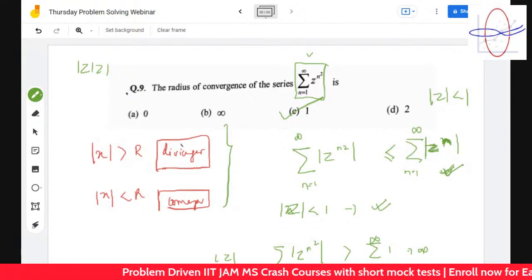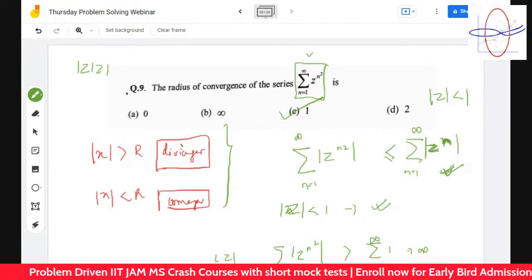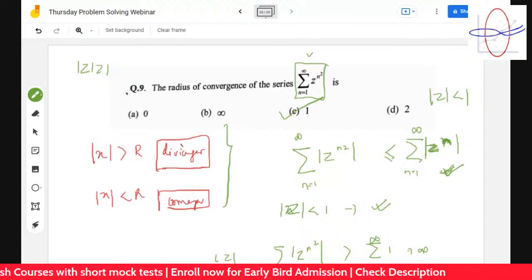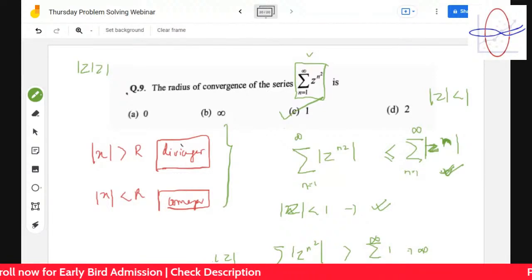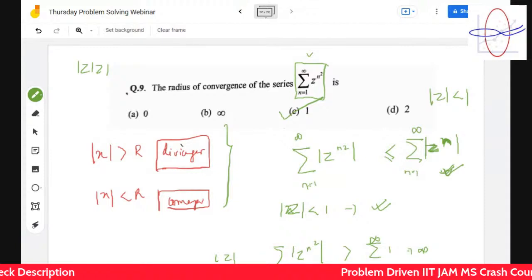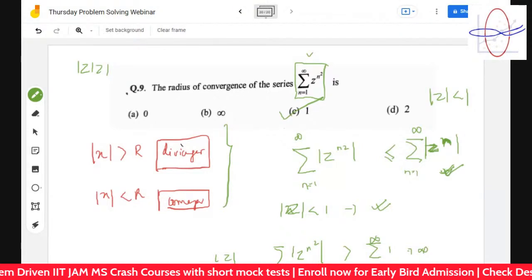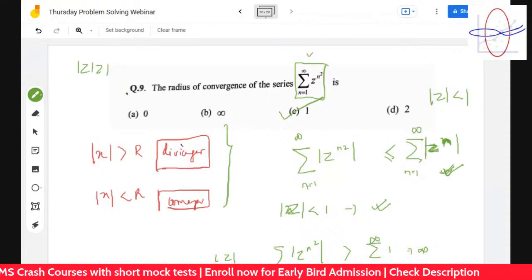For your 0 case, it's convergent. For the greater than 0 case, it's not divergent. You understand, Satish? One condition you have satisfied.